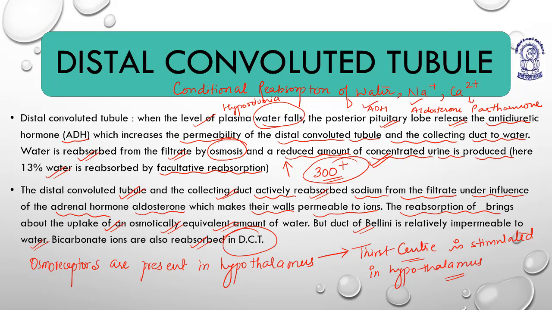Along with the ADH secretion, the aldosterone secretion for sodium ion reabsorption also takes place. The duct of Bellini is impermeable to water, and the bicarbonate ions are also reabsorbed in DCT, that is distal convoluted tubule. So the distal convoluted tubule is the center for conditional reabsorption for water, Na plus and Ca2 plus. Understood? I hope you got it.